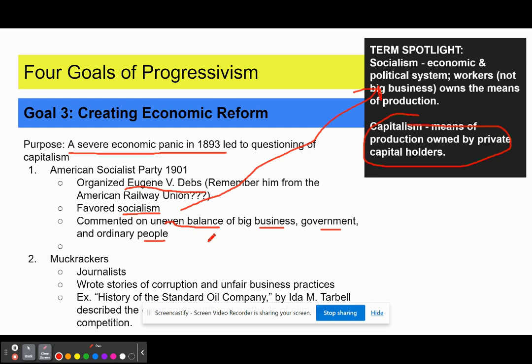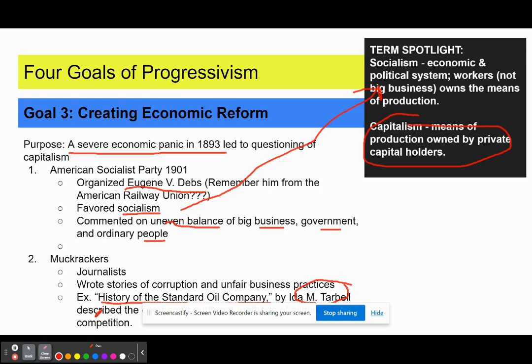Another group that sought to create economic reform were those muckrakers. They're journalists. They wrote stories of corruption and unfair business practices. You probably remember Ida Tarbell from 1B2, we talked about racism. She was a muckraker, and she wrote about lynching, but she also wrote a serial that was in, I think, McClure's magazine, about the history of the Standard Oil company.